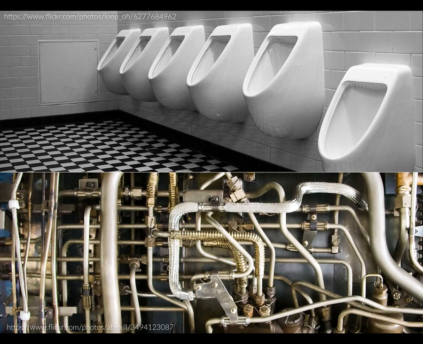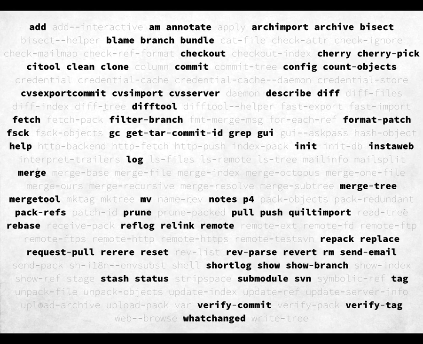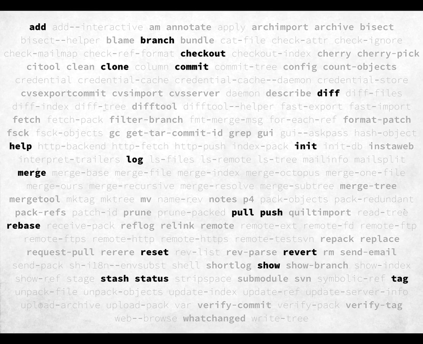Porcelain commands talk to the plumbing, and they expose it in a more user-friendly fashion. So if we remove all the plumbing commands, there's still quite a few, but nowhere near as many as there were. And of those, you'll probably find that most of them you won't need. So I think there's probably a dozen or so that you're likely to use day to day.